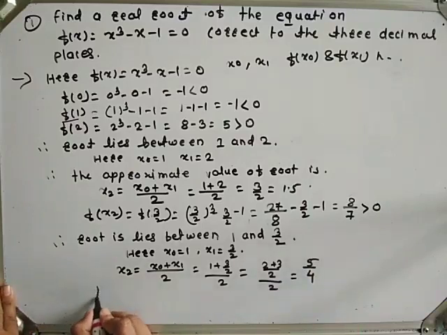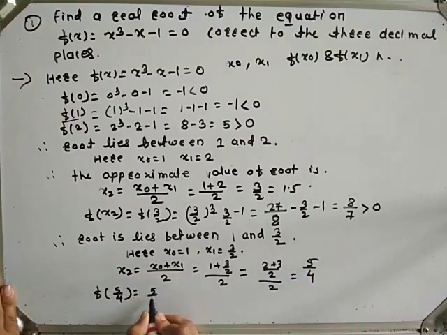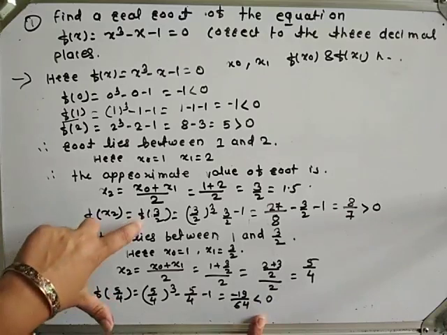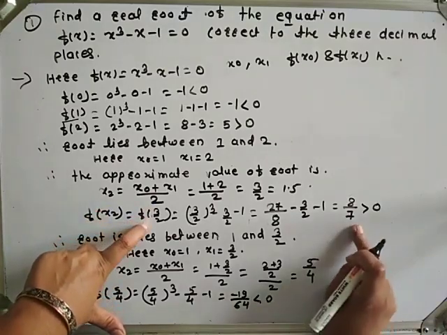Now we calculate f of 5/4, which is equal to (5/4) cube minus 5/4 minus 1. After solving this we get minus 19/64, which is less than 0. See here, f of 5/4 is less than 0 and f of 3/2 is greater than 0.